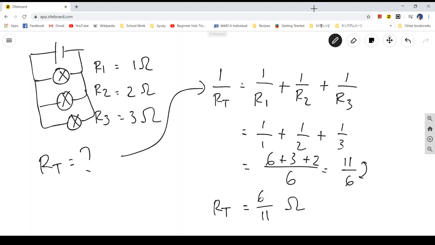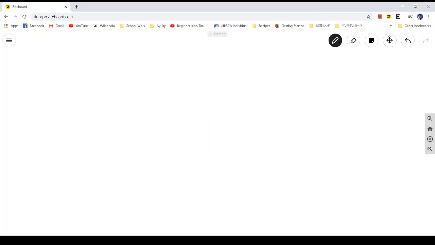Okay, now that we have already known how to calculate parallel equivalent resistance, it is time for us to apply Ohm's law in a parallel circuit. So let's take a look at yet another example in which we have to calculate the electric current running through the circuit. So let's make a circuit right here.